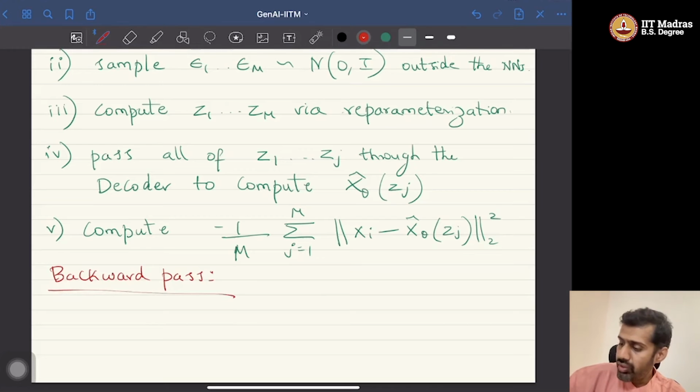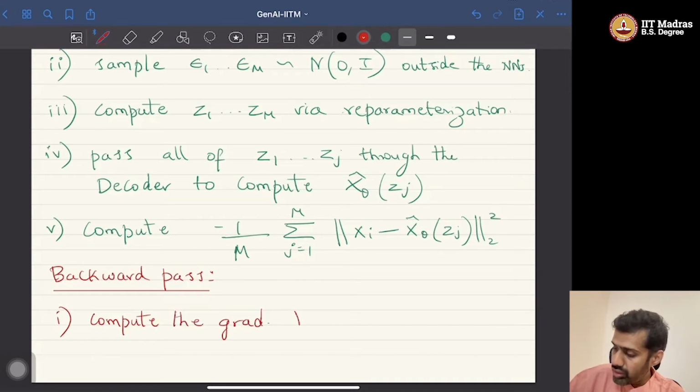To compute the backward pass, we simply have to compute the gradient of this particular term with respect to phi. So this is 1 minus m.